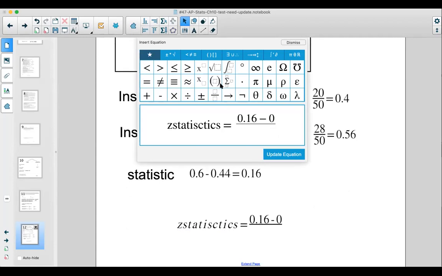I think you have to have a square root sign. Success, 0.6 times 0.4, divided by 50.